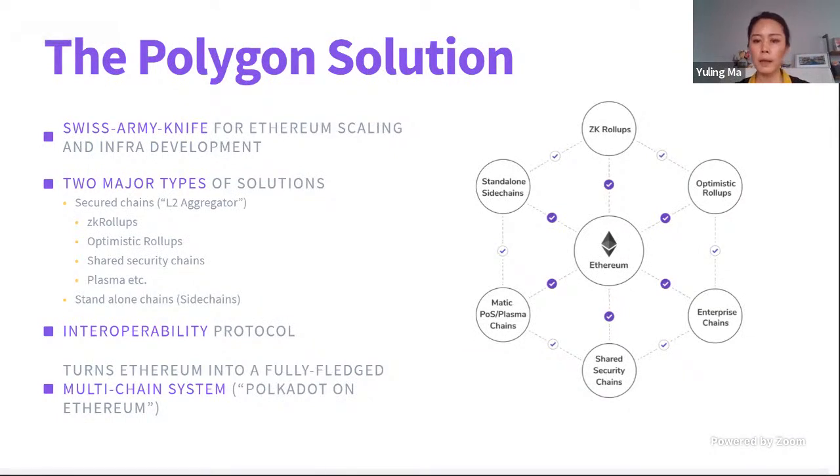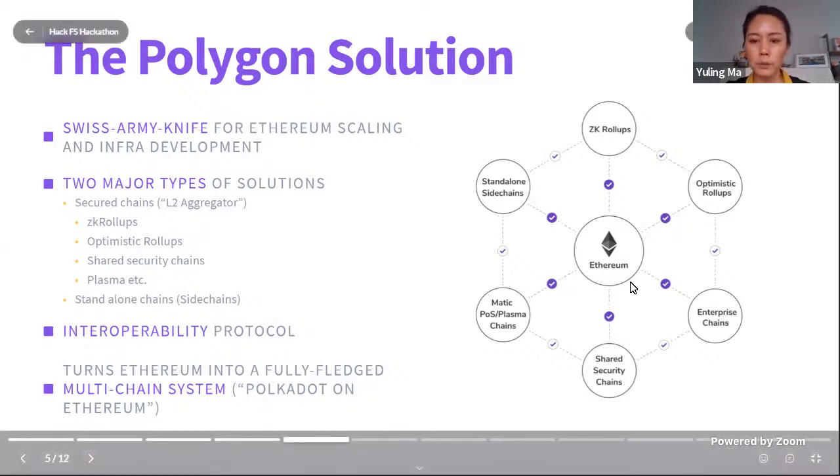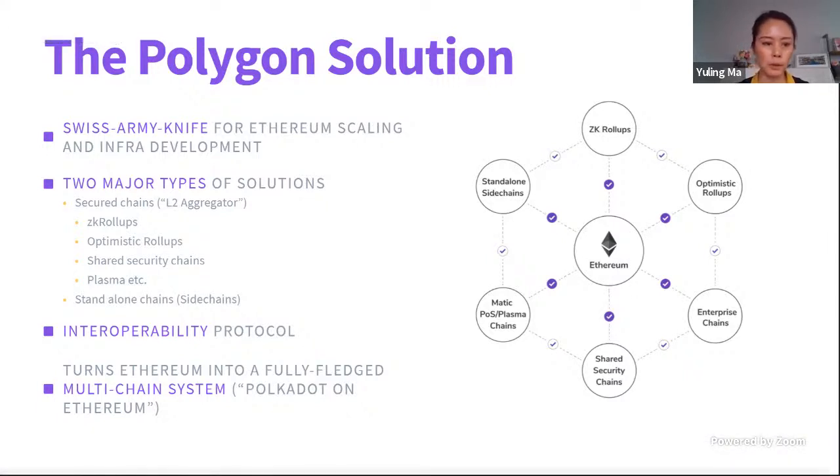Those are all included in this Polygon, and interoperability is also offered through the connection to the main hub, right? And they're also able to communicate or operate with one another.